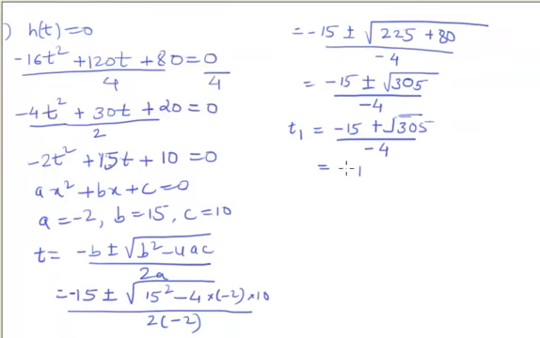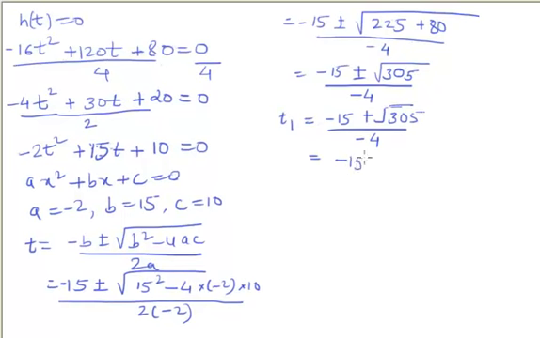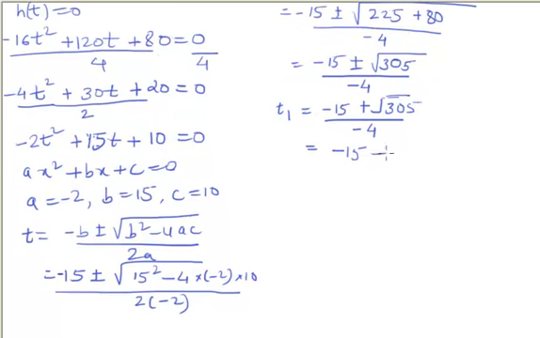So minus 15 plus 17.46 over minus 4. This value being negative is rejected because time cannot be negative.